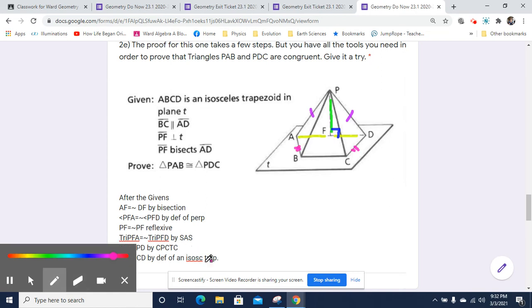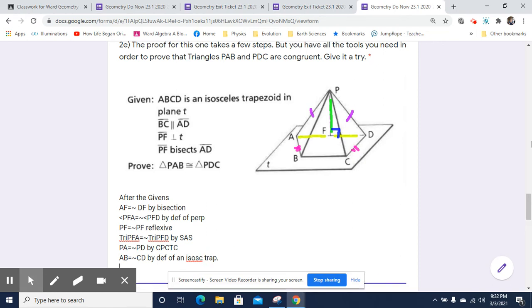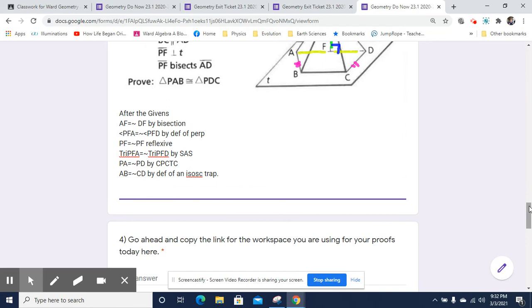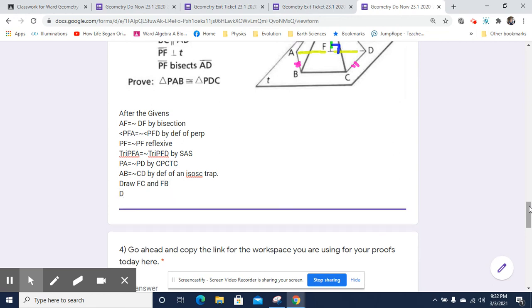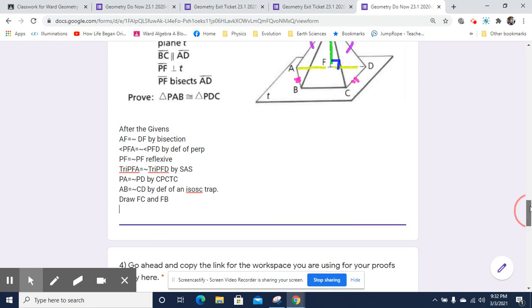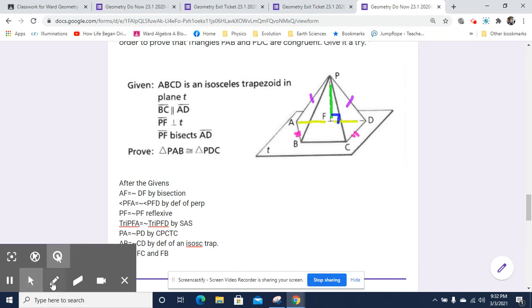Now, we're going to draw some lines. We're going to draw FC and FB. Scroll down a little bit. I'm going to name some angles, so let's draw those lines.